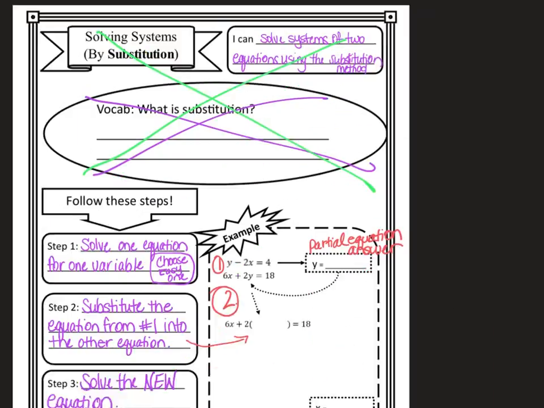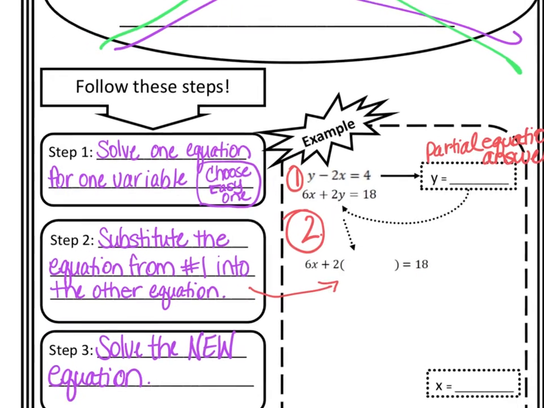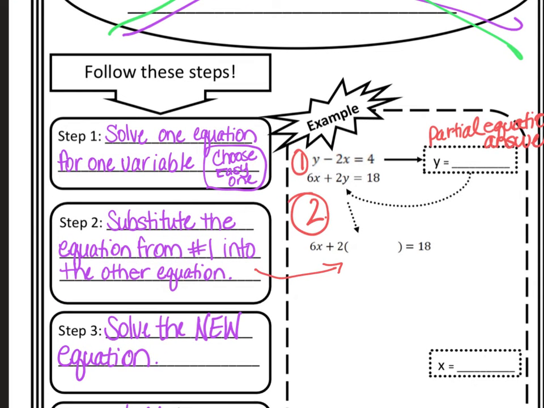I've chosen my first equation, okay? Now, my first step is to solve one equation for one variable. All right, I'm going to solve for y because y is alone. So the inverse operation of a negative 2x is plus 2x, plus 2x, okay?